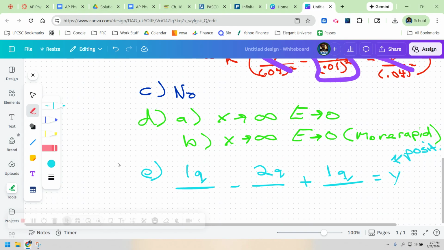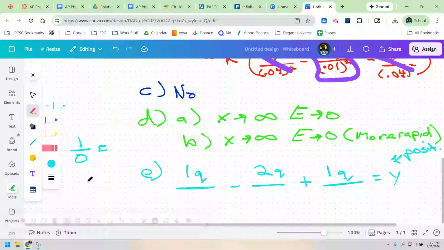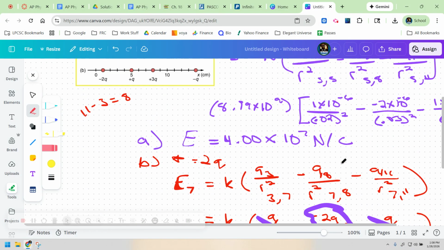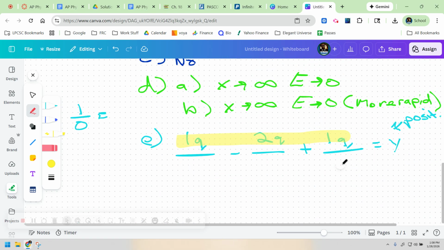Okay, I ran out of room there. Remember that 1 over 0, and these are equal because remember that this represents a charge, an electric field charge somewhere, right? And then that charge, we don't know how far away it is, right?